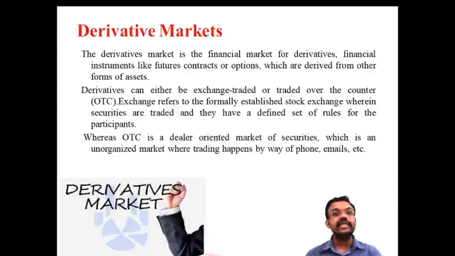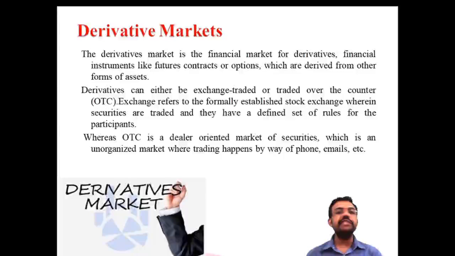That means it's a customized market. As we already discussed, OTC is customized and exchange traded is standardized. So these are two categories of the market relating to derivatives: one is the OTC market, another is the exchange traded market.